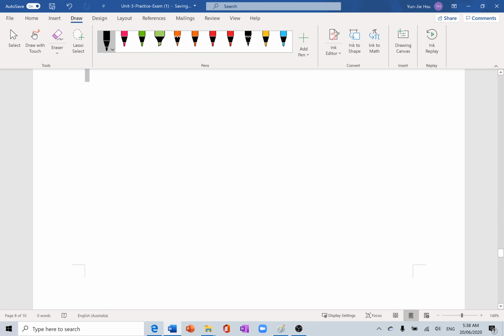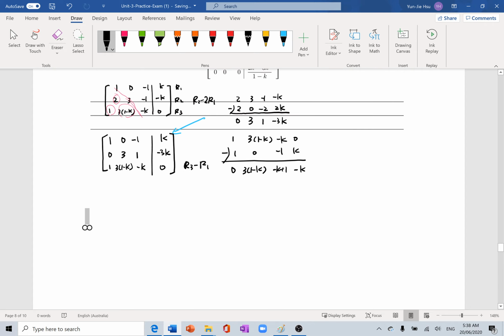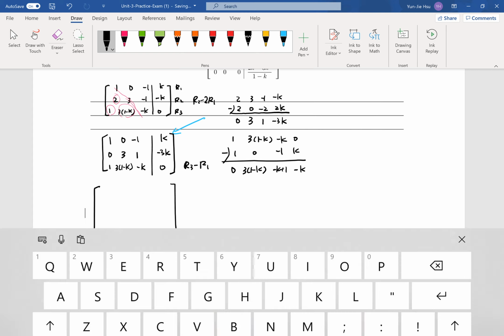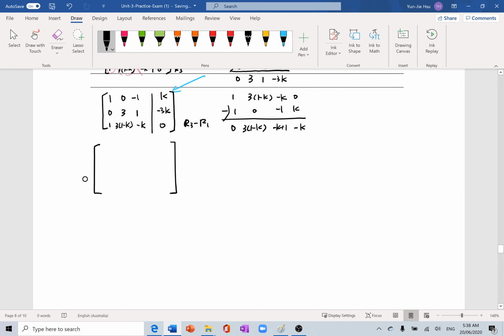So I get the new matrix: 1, 0, negative 1, k; 0, 3, 1, negative 3k; 0, 3(1 minus k), negative k plus 1, negative k.